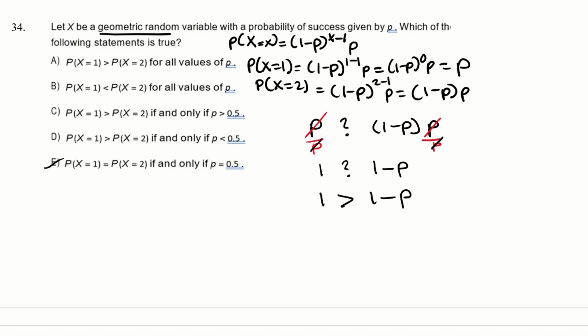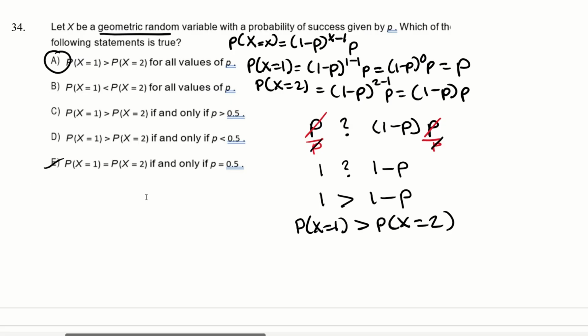So p is always going to be a positive number. That means 1 is always going to be greater than 1 minus p. Therefore, the probability of x equals 1 is always going to be greater than the probability of x equals 2 for all values of p, not including 0, because 0 is just a trivial value. All right, so here the answer is A.